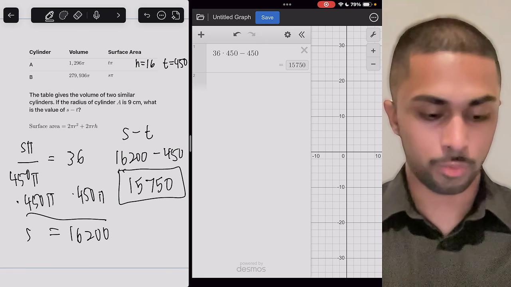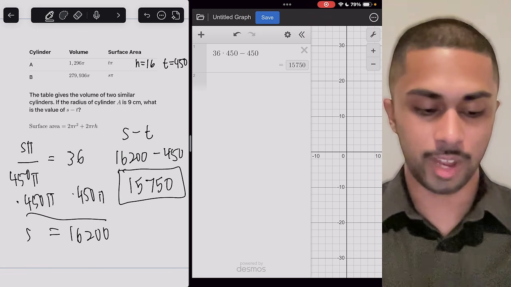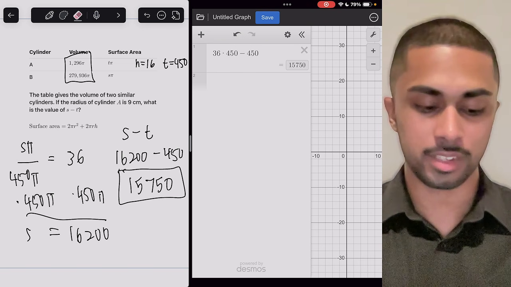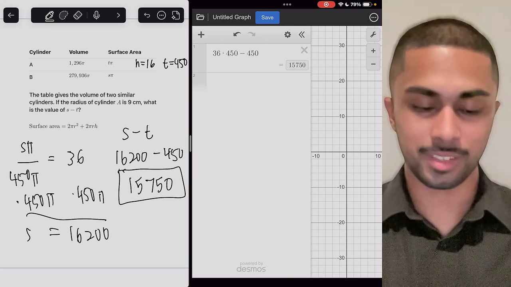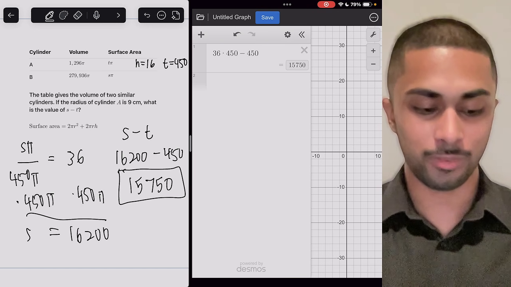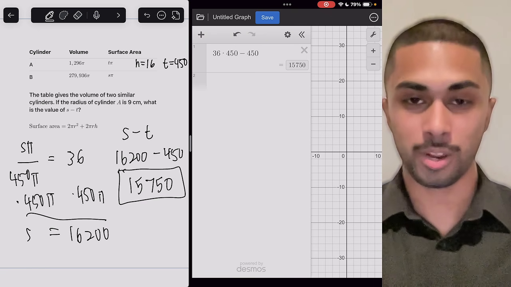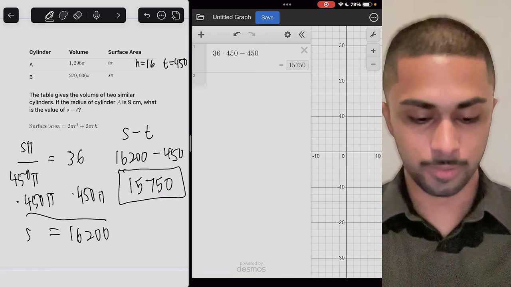From there, we calculated the scale factor by dividing the volume of B by A, and then taking the cube root of that, because the ratio of the volumes of two similar 3D shapes is always the scale factor cubed.